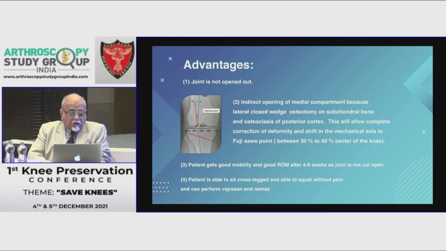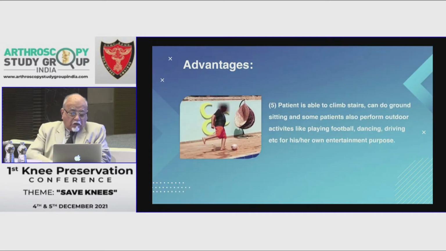Patient is able to sit cross-legged and squat without pain and can perform Vajrasan and Namaz. Some patients also perform outdoor activities like playing football, dancing, driving, etc., for his or her own entertainment purpose.